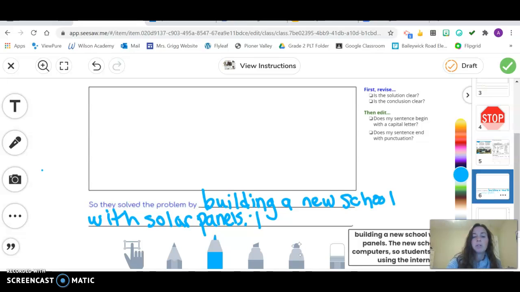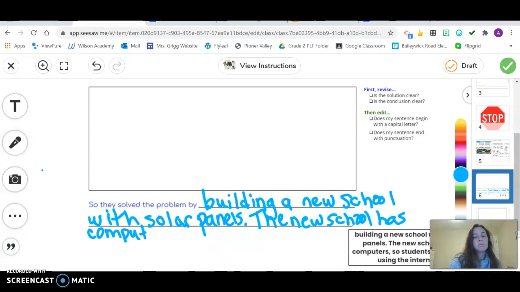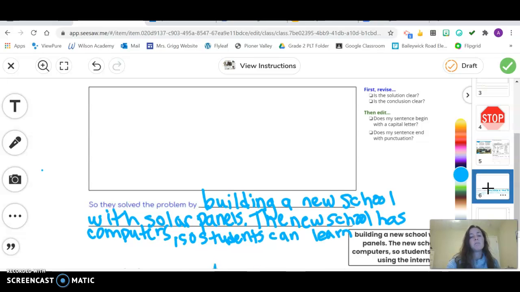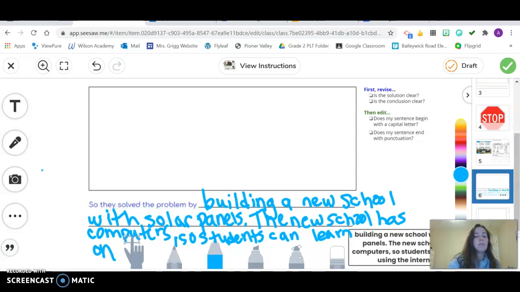So now I'm going to write the new school has computers so students can learn on the internet.